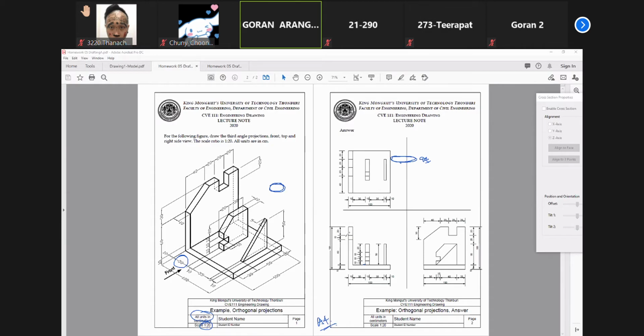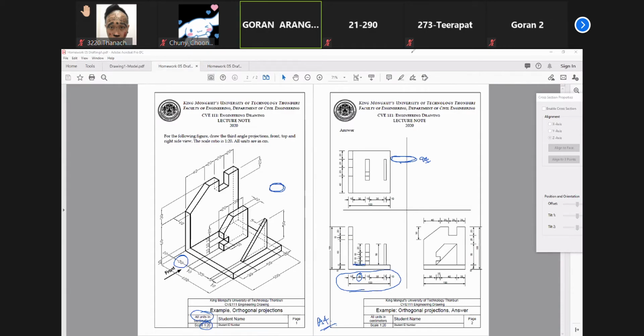However, when you draw the dimensioning line, which should be included, you are writing the real length. So on the paper, this should be 15 millimeters.